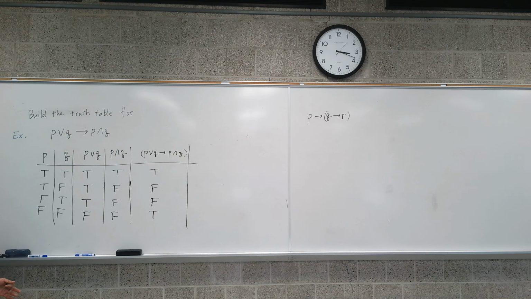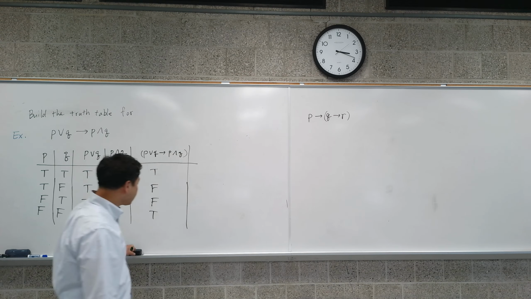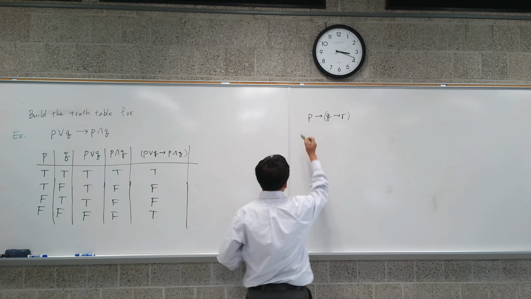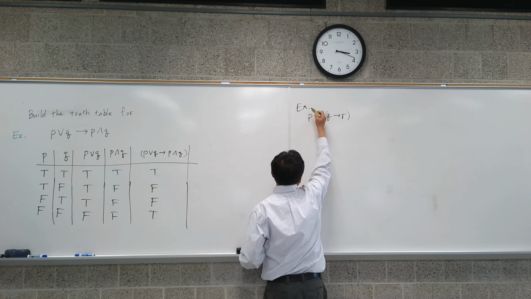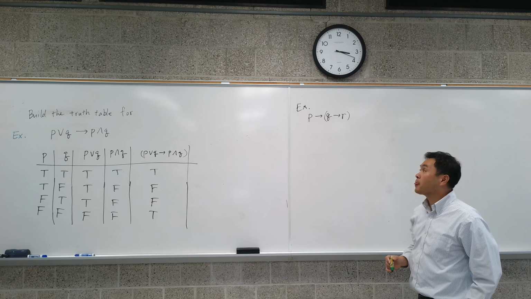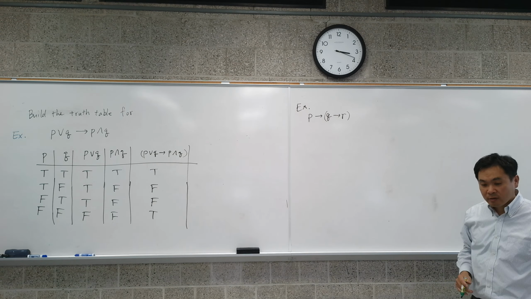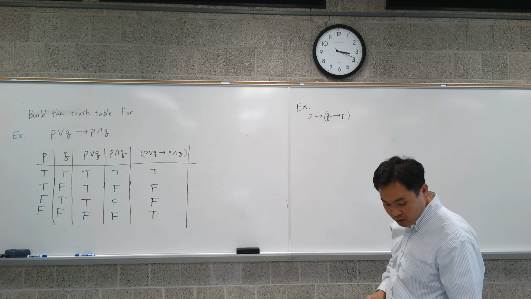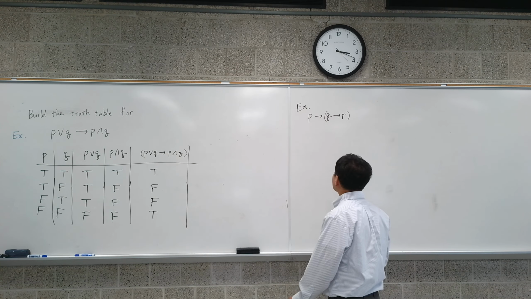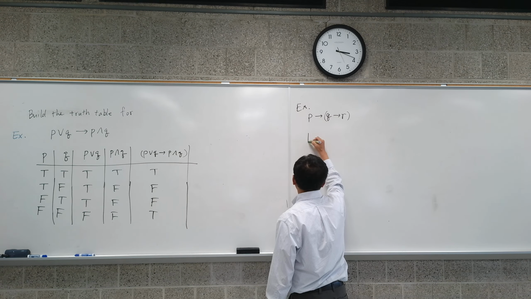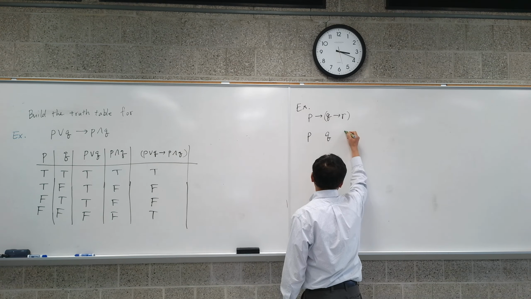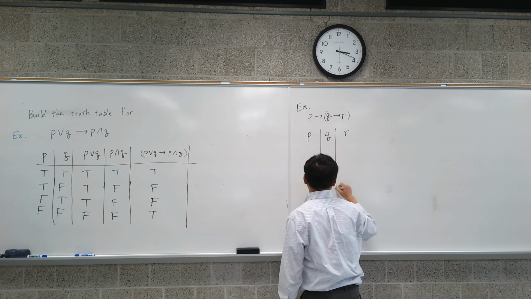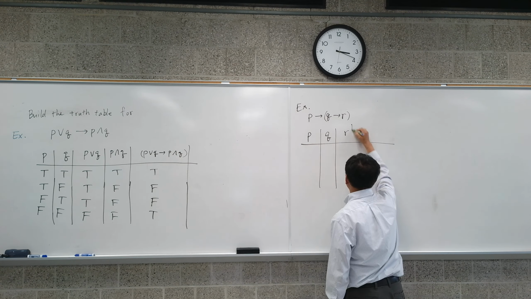Any questions? Right. Okay, second example. For this one, we have three variables that can be true or false. So you need to think about all the possible combinations of true and false.